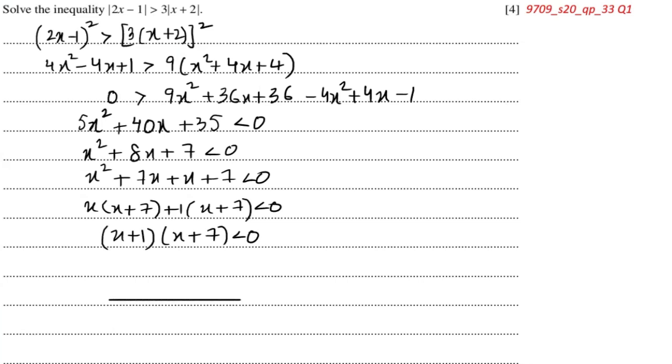And this time, as I mentioned for a question that I solved earlier where I verified each solution, this time I will not, since both sides are modulus. In that question, only one side was modulus. So less than 0 means below the x-axis. This is your solution. So my solution set is between -1 and -7.